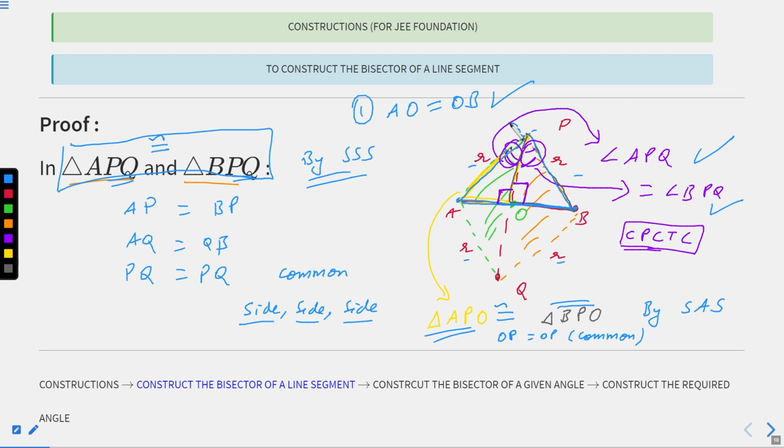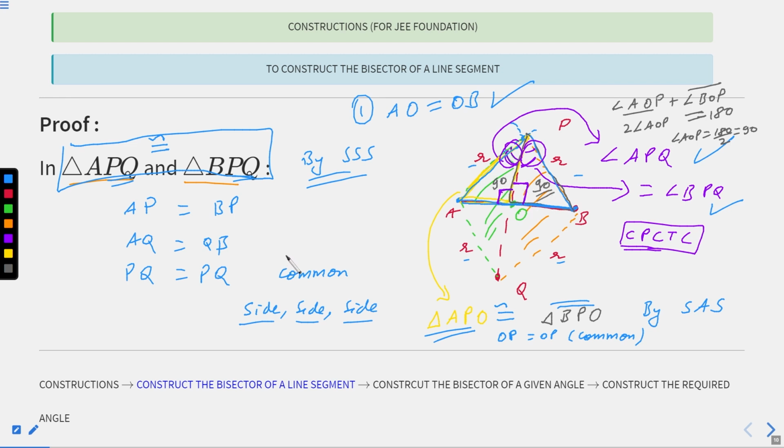That means angle AOP plus angle BOP is equal to 180 degrees, and both angles are equal. So 2 of angle AOP is equal to 180 degrees, and angle AOP is equal to 180 degrees divided by 2, which is 90 degrees. So this angle is 90 degrees, this angle is also 90 degrees.